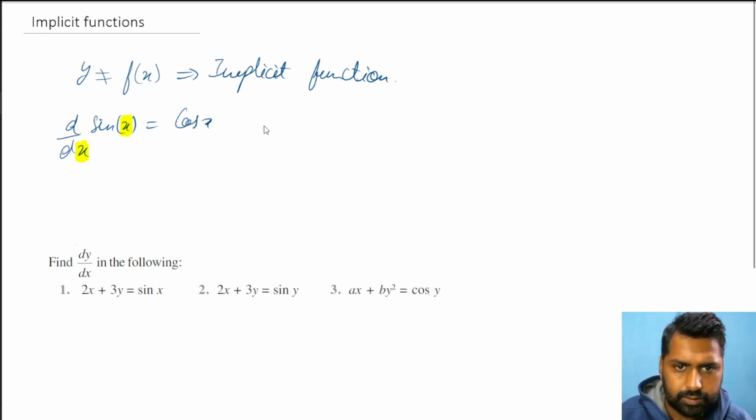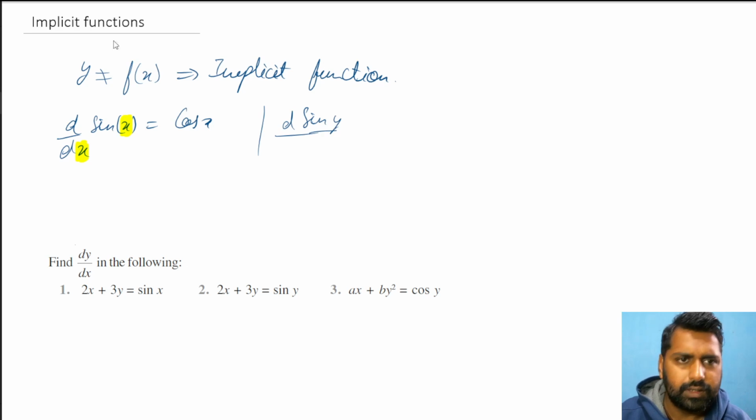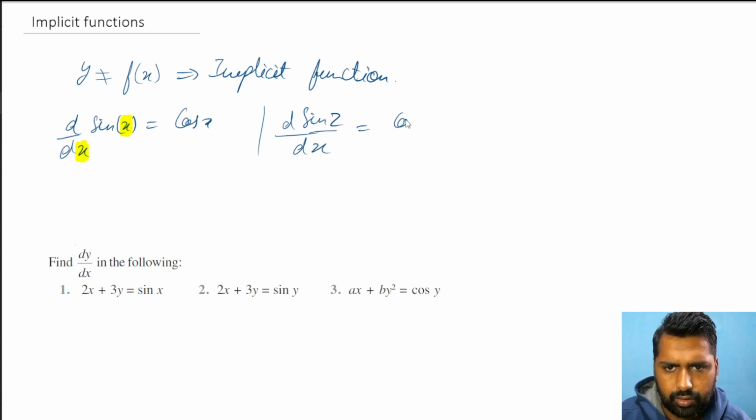But if the question was differentiation of sine z, where we considered something complicated to be z, then d by dx of sine z will again be cos z, just with the additional term z dash or dz by dx. That is because of the chain rule.